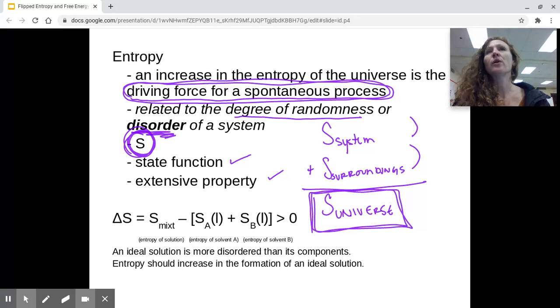If you throw the deck of cards up in the air, how many times is that deck of cards going to land so that it's perfectly ordered in terms of suit, in terms of number? I mean, it's just not going to happen, right? And so there's a tie here to probability that we'll explore in just a second. But it's a good example to show us that nature proceeds toward disorder.